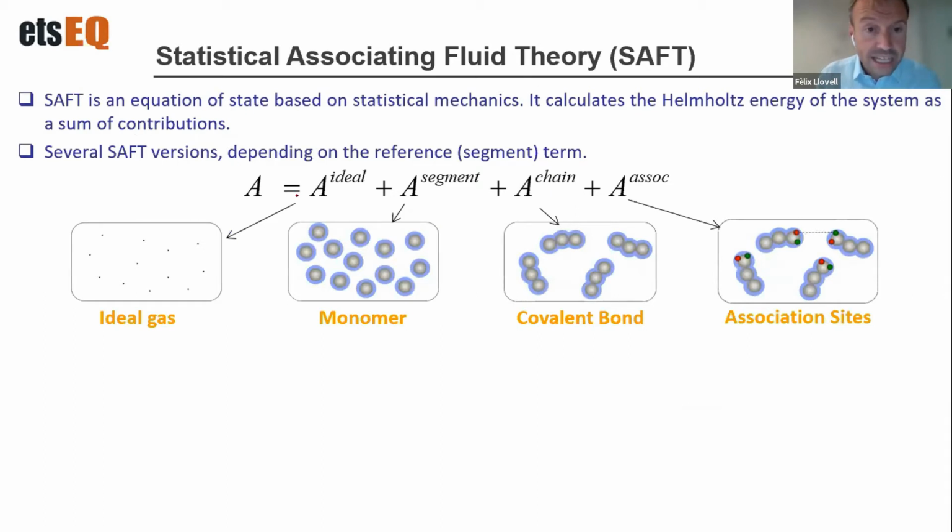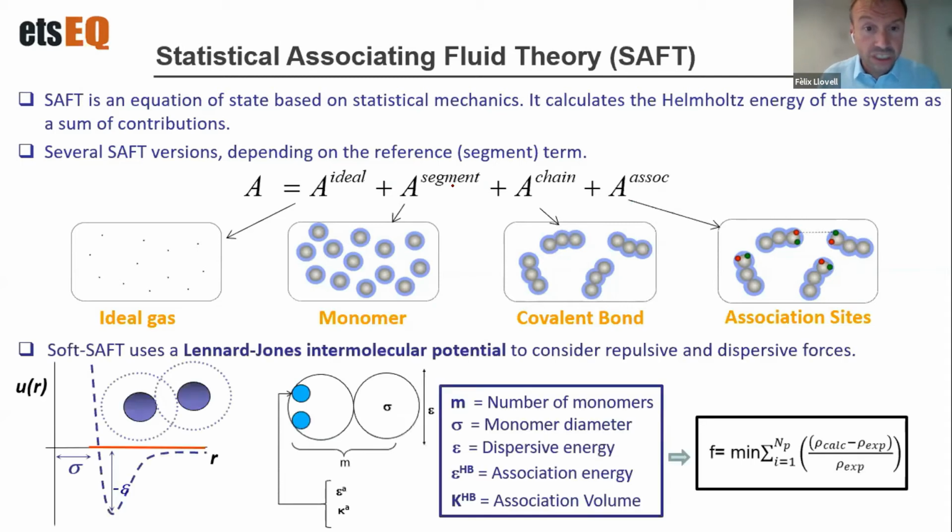At the end, we end up with a coarse-grained approach, where the total Helmholtz energy of the system is built from an ideal term, a segment term representing the monomer-monomer interactions, a chain term that represents the covalent bonds to form chains, and the hydrogen bonding association sites that occur in many systems. The type of reference term depends on the type of equation selected, as there are many different SAFT versions.